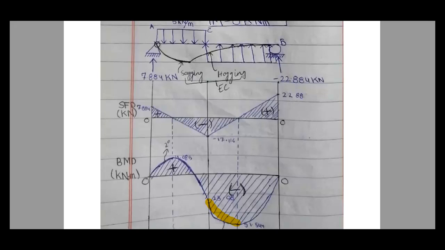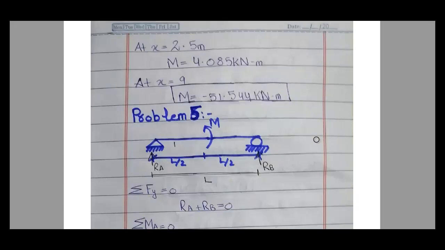The only thing is that this transition should be as smooth as possible. So this transition from sagging to hogging should be as smooth as possible, something like this. Try to avoid this sharp end. Okay, so this was the fourth problem.